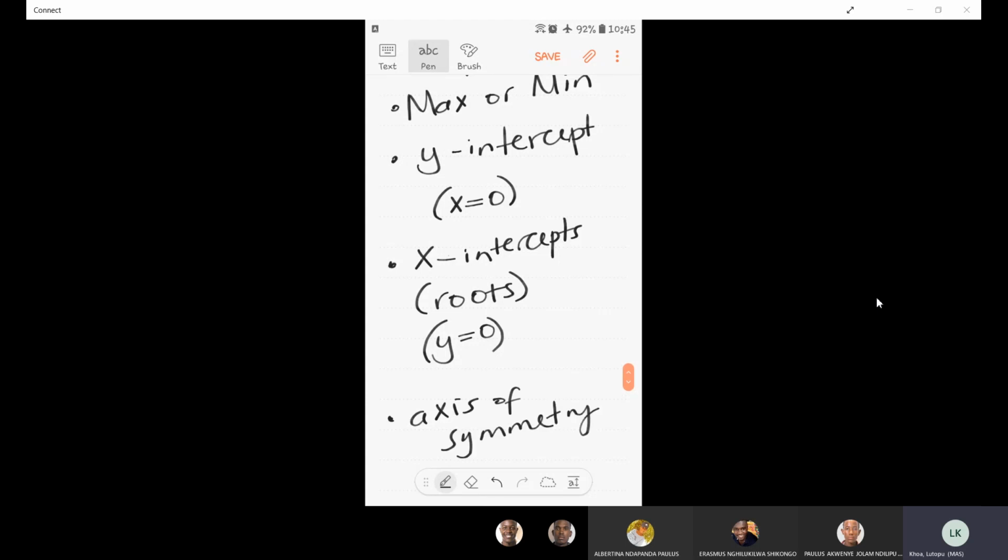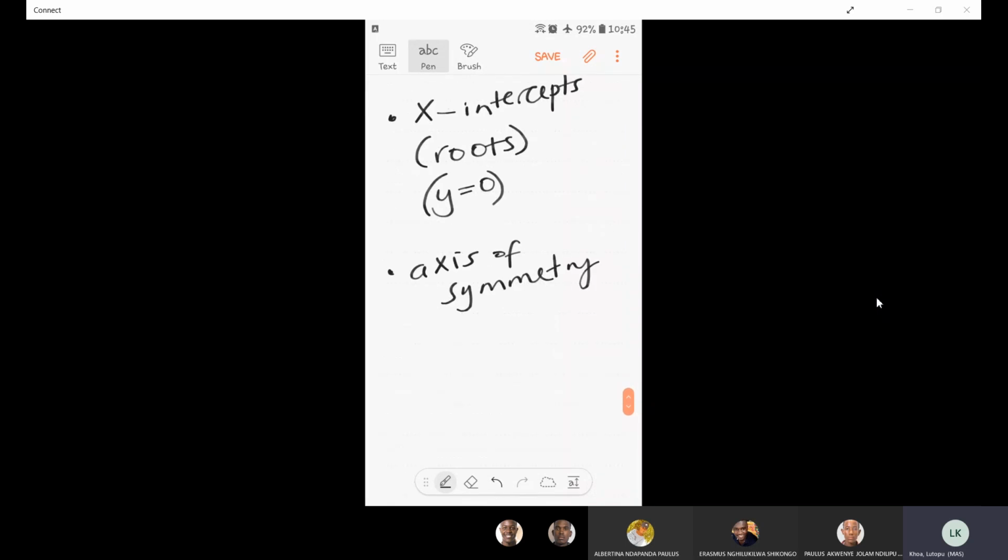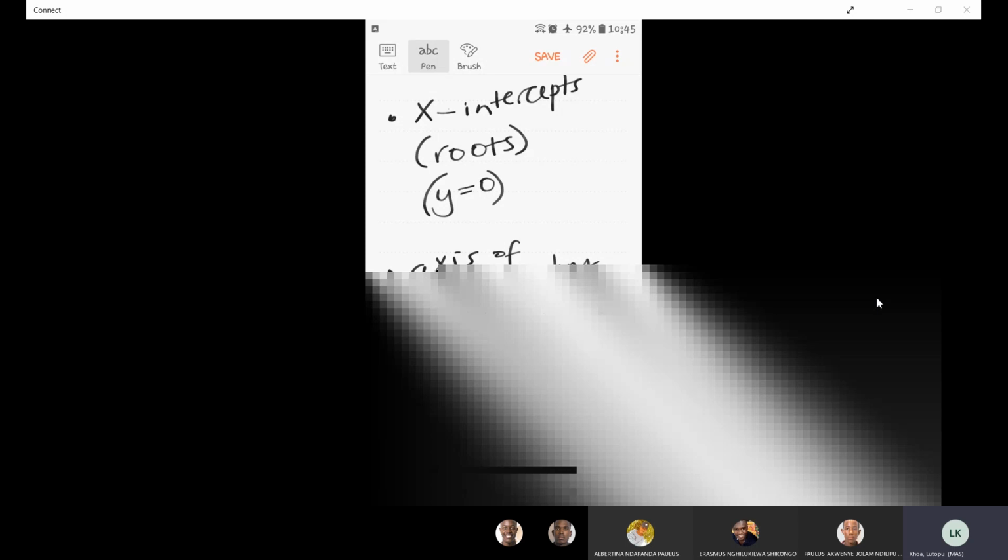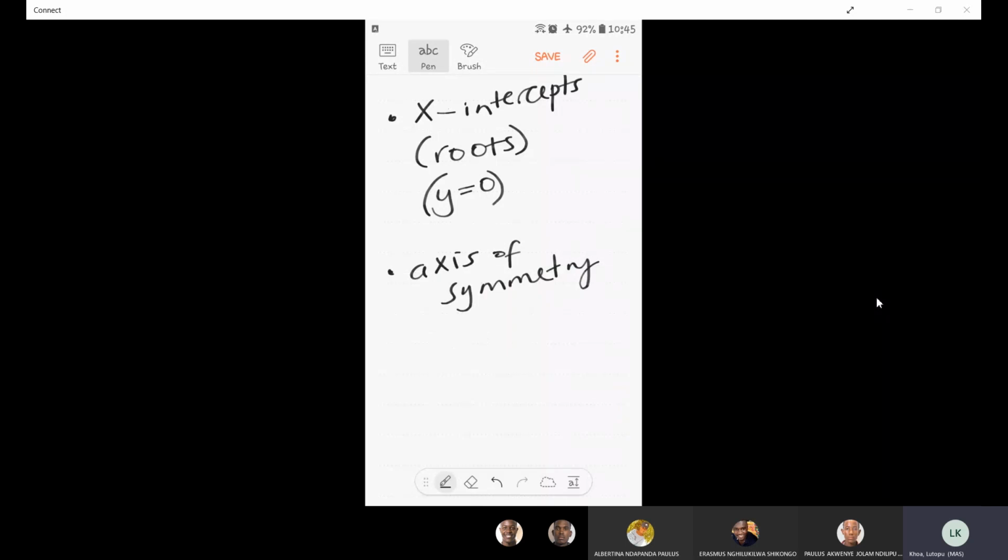Now, an axis of symmetry is just a line that divides your parabola into two equal parts. So whenever you draw any parabola, let's say you draw like that, there is a line that cuts it into two equal parts.